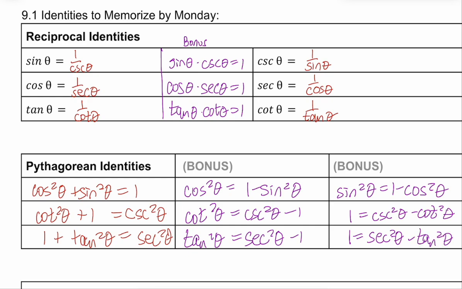So the Pythagoreans are very powerful. The sine squared plus cosine squared equals 1 gives us the other 2. And then you get kind of 6 extra bonuses from that even. So it's just a powerful relationship between our trig functions that you may not have known before.